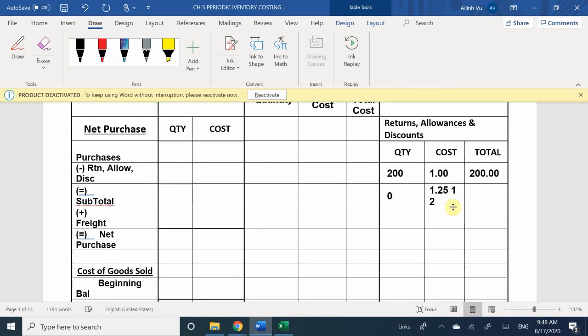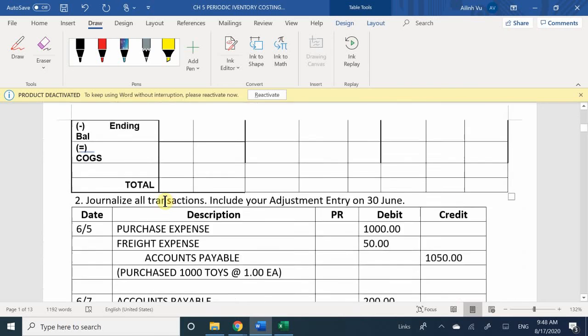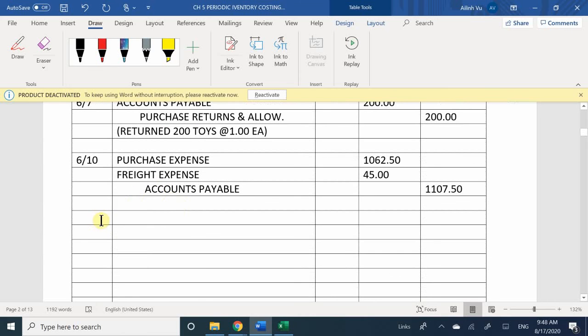So therefore, it was $12.50. Is that correct? All right. So now that we have that number, let's journalize this. How do you journalize this?